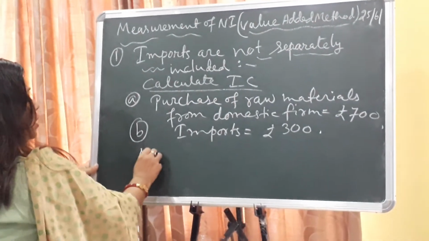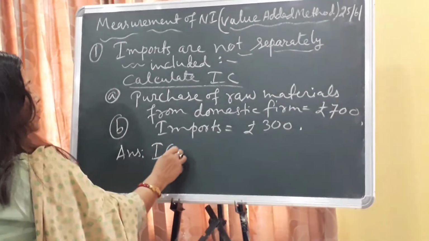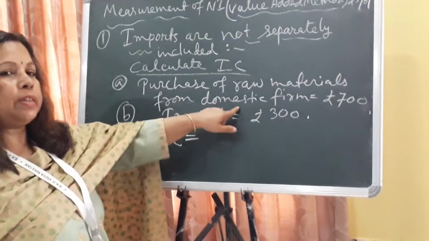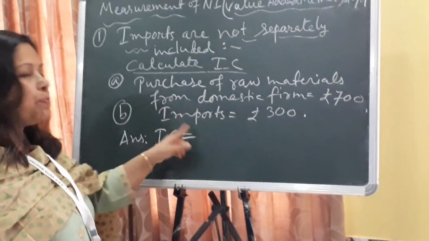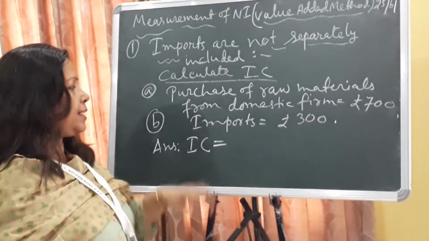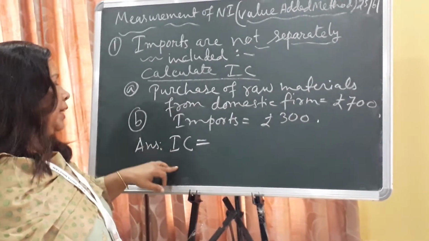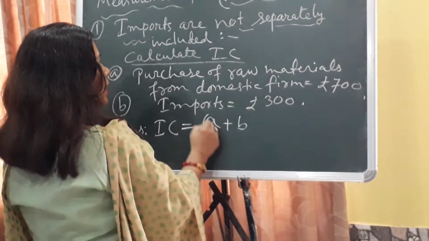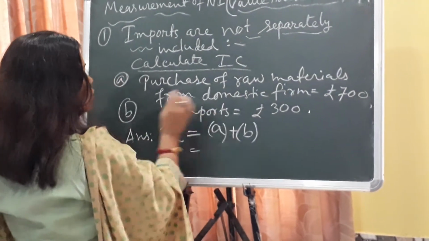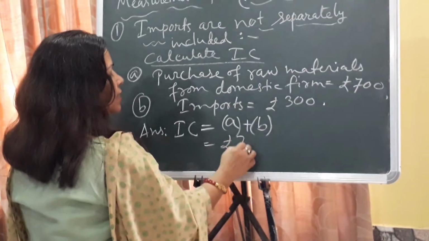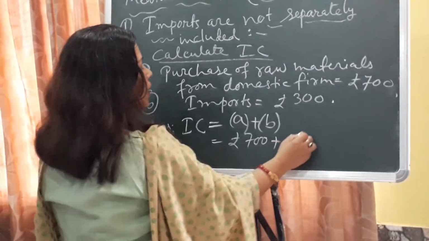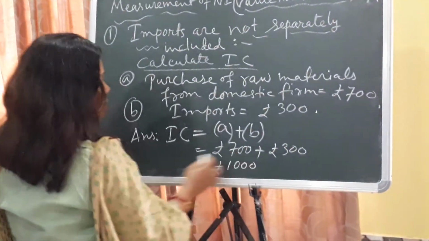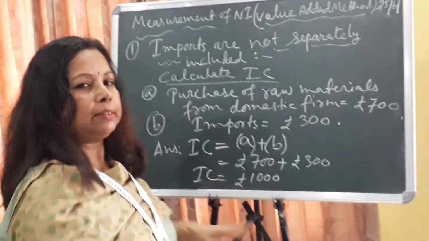The answer will be intermediate consumption equal to purchase of raw material from domestic farm and imports. So you have to add A and B, then you get the answer IC. So write A plus B: rupees 700 plus rupees 300 equal to rupees 1000. So IC will be 1000.